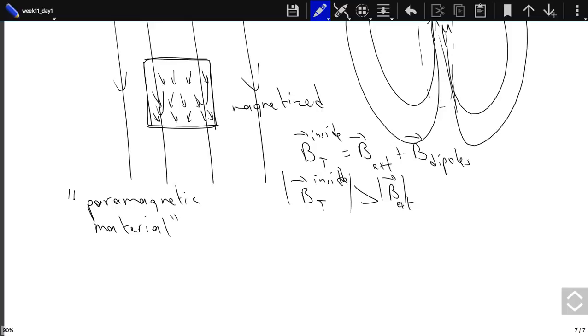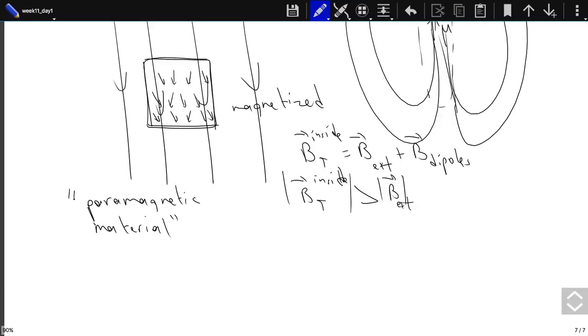This is one of the phenomena that will appear if you put matter in a region where there is a magnetic field. Since the magnetic dipoles in your material will be aligned in the direction of the magnetic field, there will be a larger magnetic field inside. Does it mean that these materials, without the external magnetic field, don't have any magnetic properties, but inside the magnetic field they behave like magnets?